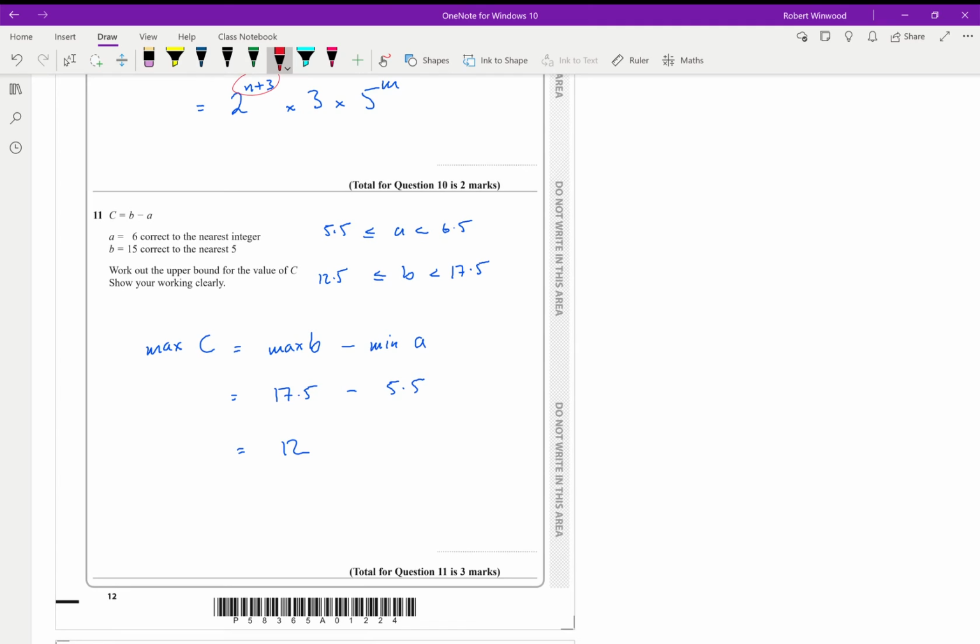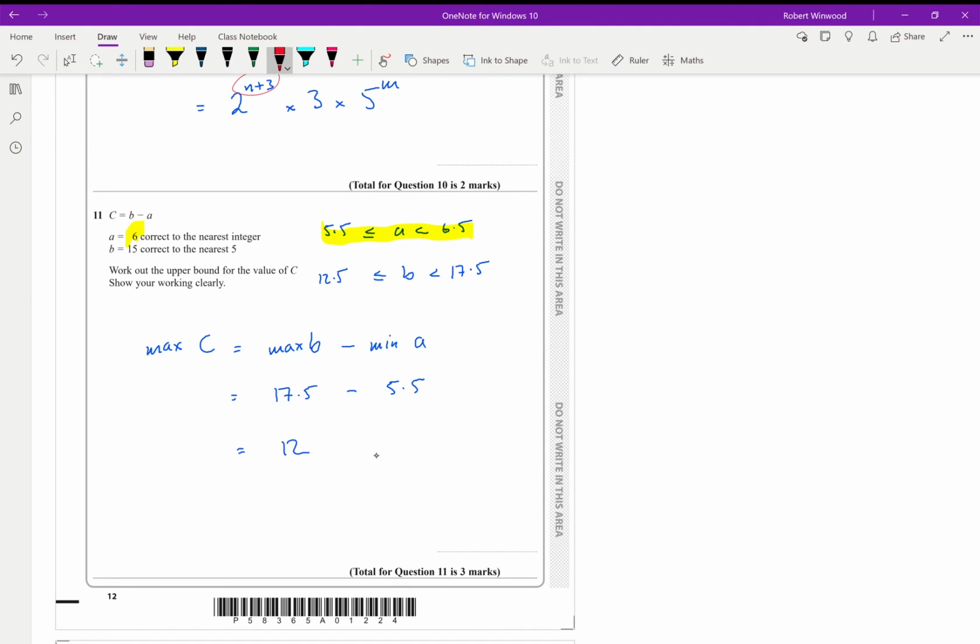Bounds question. So the word integer means a whole number, except you're allowed to be positive or negative if you're an integer. So 6 to the nearest whole number has got to be between 5.5 and 6.5. 15 to the nearest 5 has got to be between 12.5 and 17.5.